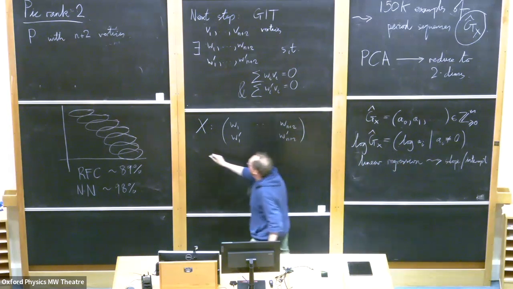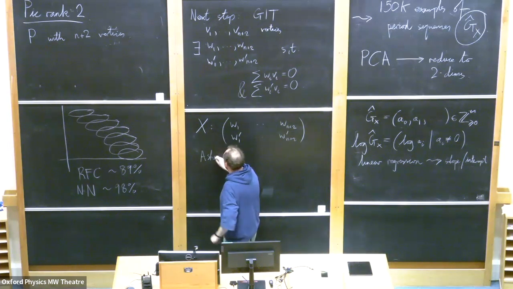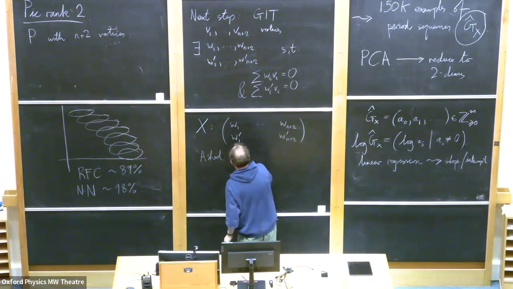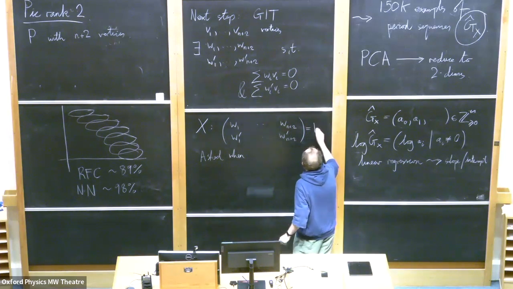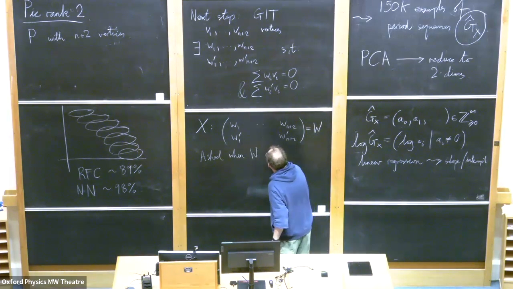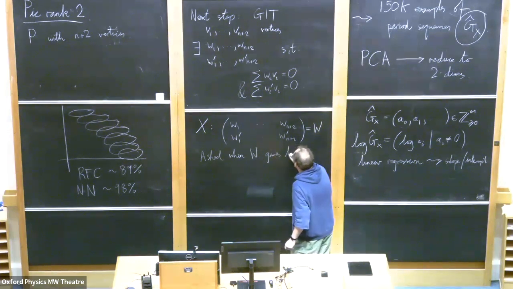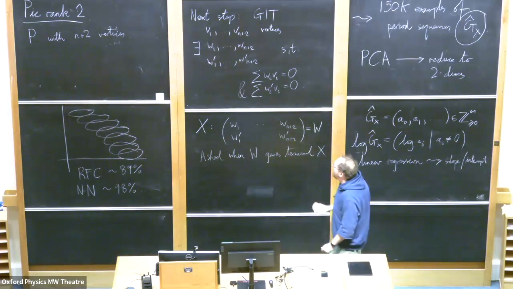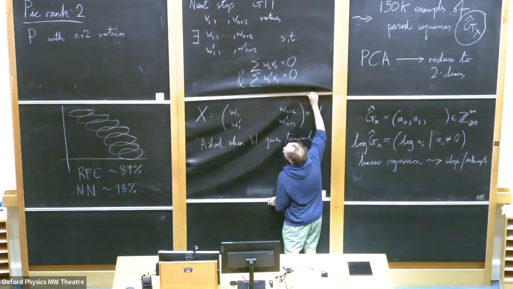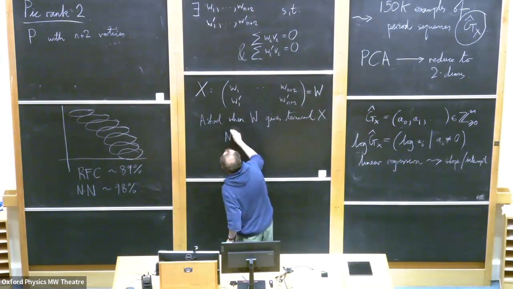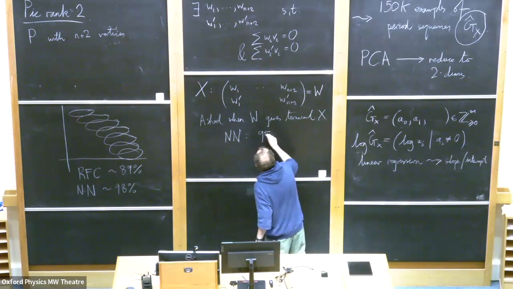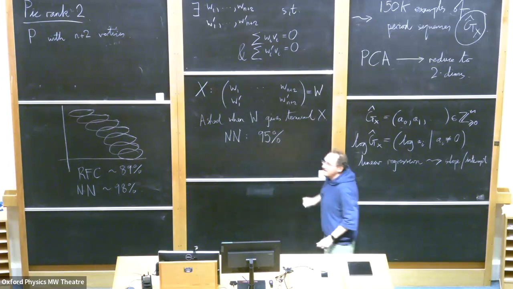So we asked the neural network when this weight matrix gives a terminal toric Fano variety X, and the neural network was able to give the correct answer 95% of the time.